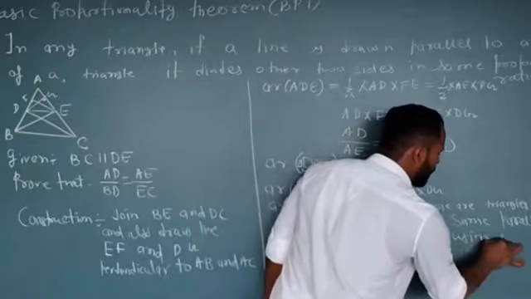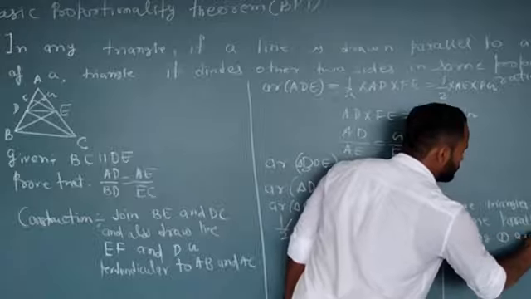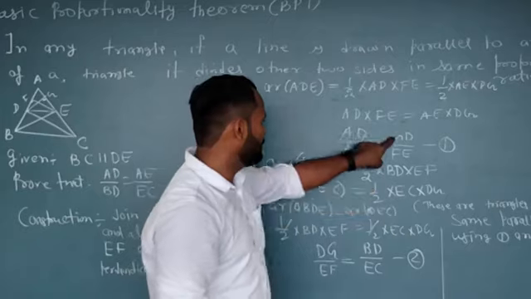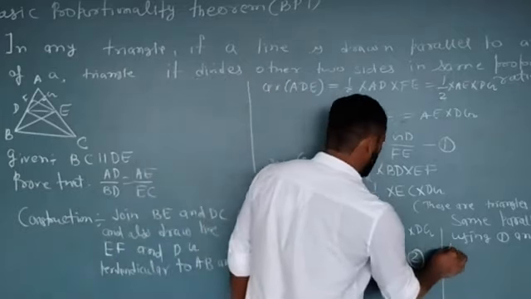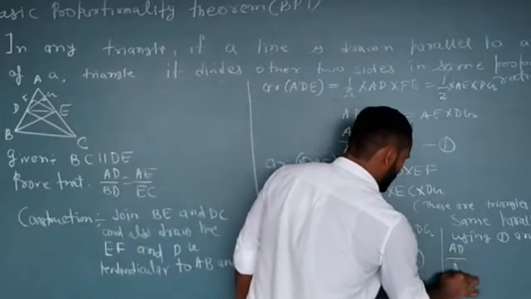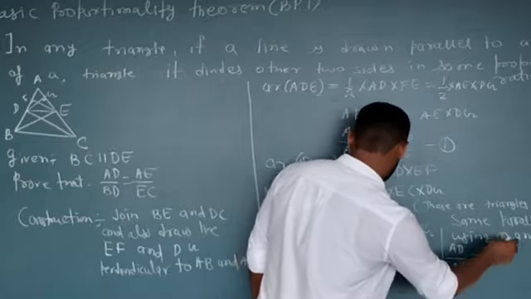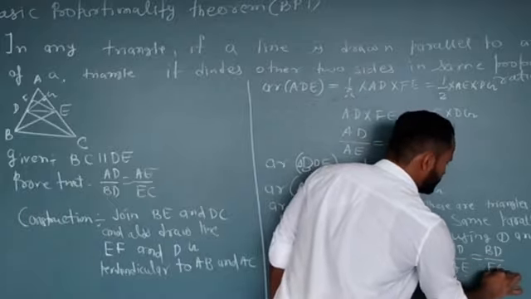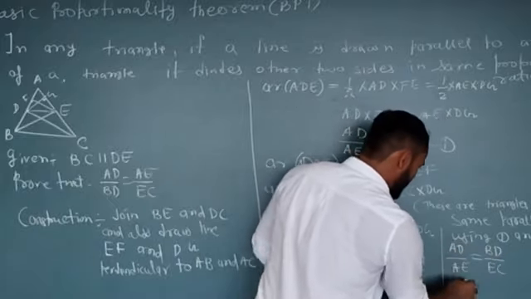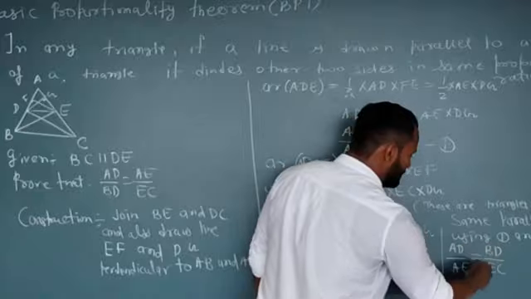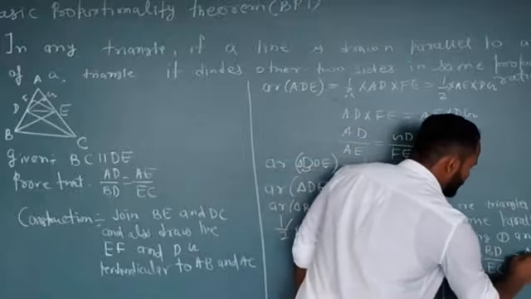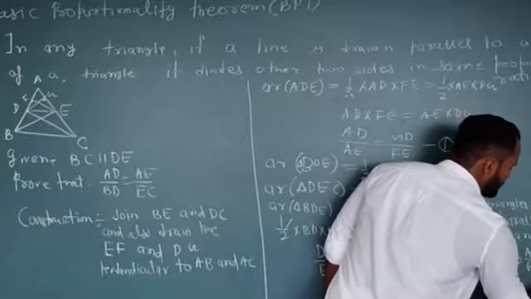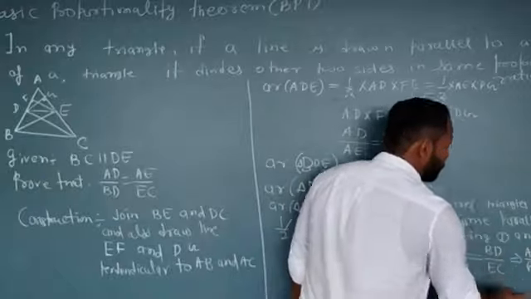Using 1 and 2, you can see very easily DG upon EF is common, so both are equal to each other. So I can write AD upon AE is equal to BD upon EC. Now let's cross multiply, BD and AE. So what are we going to get? AD upon BD is equal to AE upon EC. This is what we have to prove.